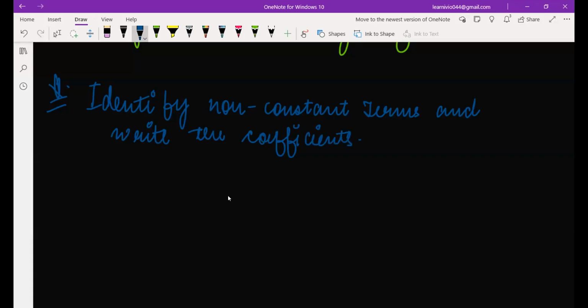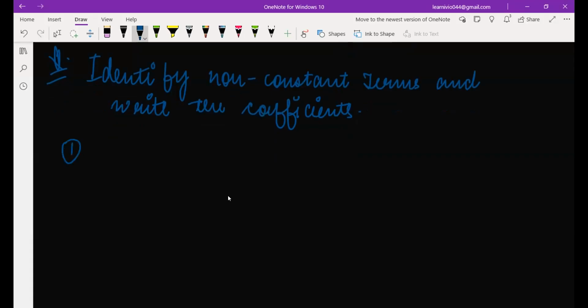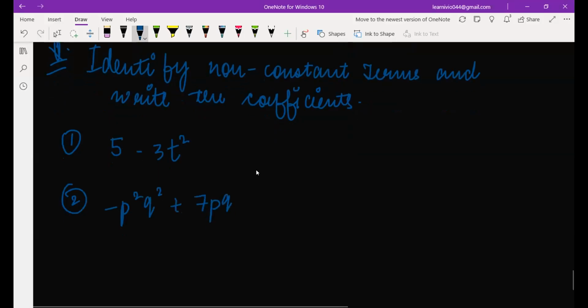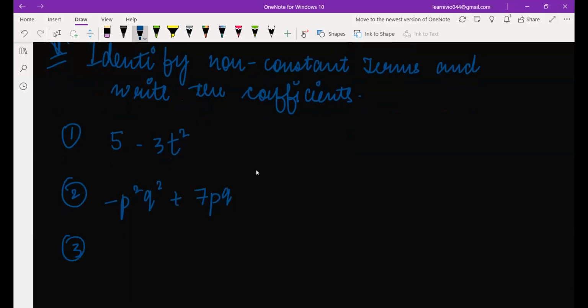Okay. So, like first you have 5 minus 3t square, second is minus p square q square plus 7pq, and third is 1 plus t square plus t cube. Okay, you understand the question? You have to identify the non-constant terms. That means the terms that are not constant, and then you have to write their coefficient.